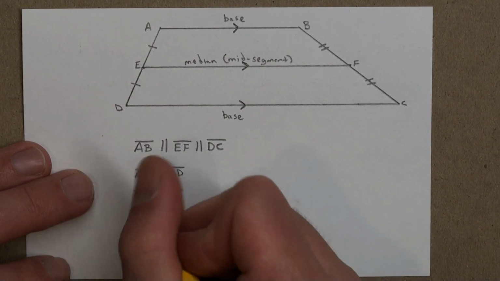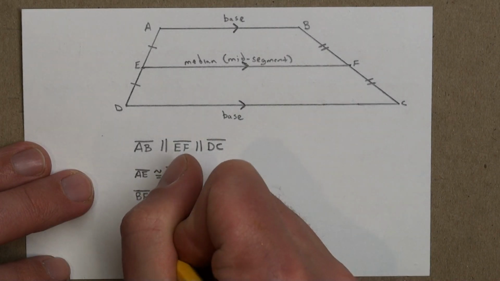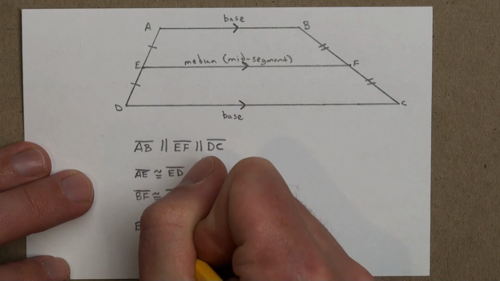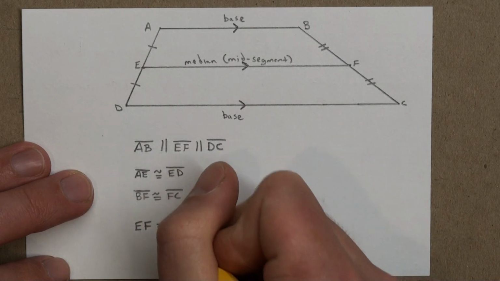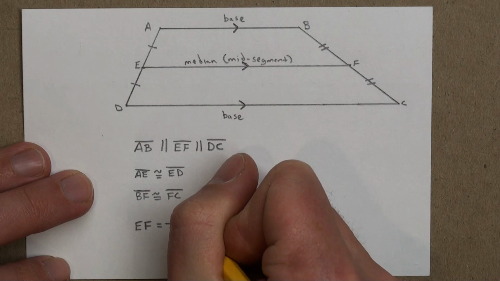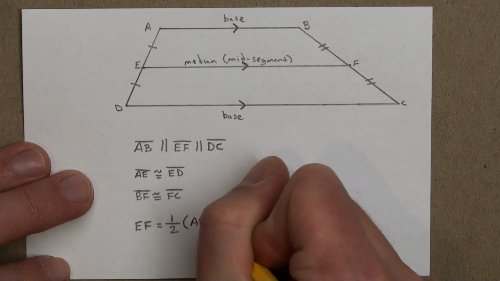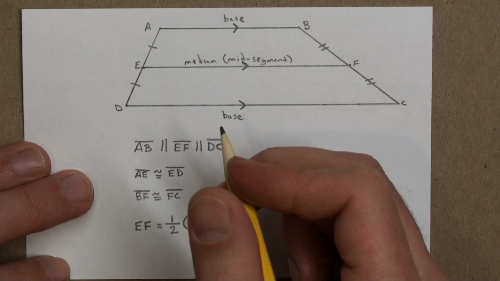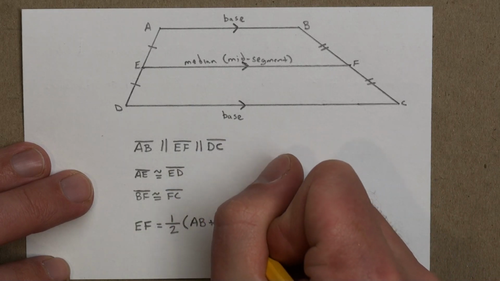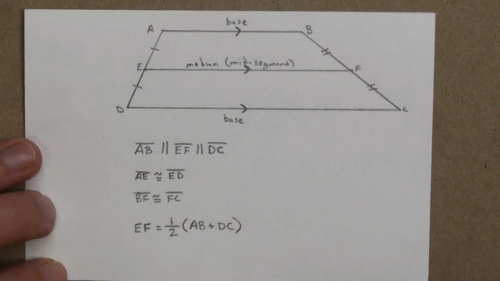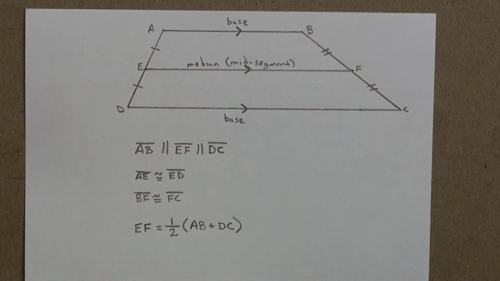And we know that the length of EF, the length of the mid-segment, is equal to 1/2 the sum of the bases, AB plus DC. Okay? That is what we know about a regular trapezoid.